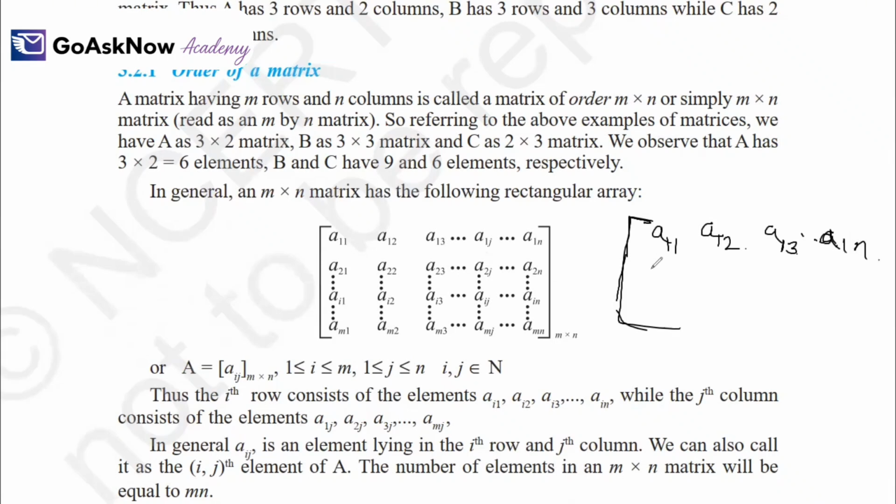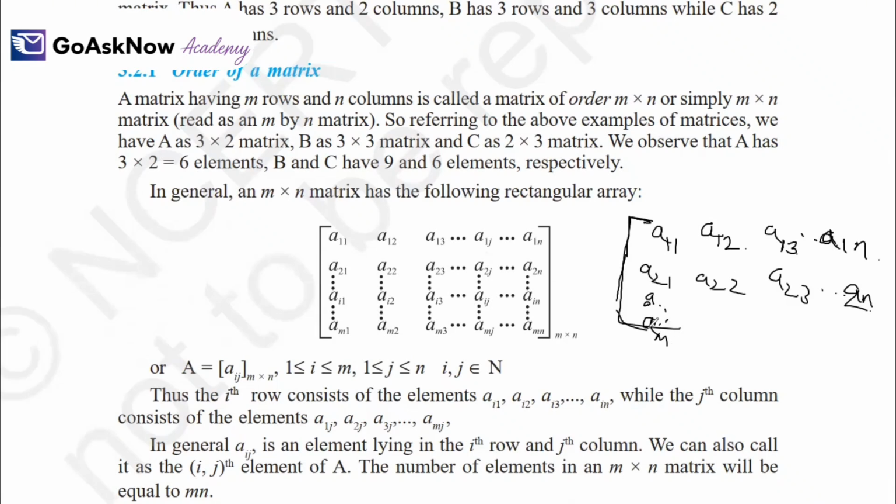Okay. Similarly, for the second row, you have A21, A22, A23, and so on up to A2n. Where n is the number of columns, and 2 is the row number. You will go on like this up to the mth row.